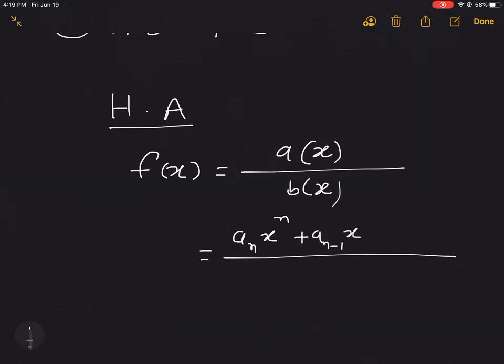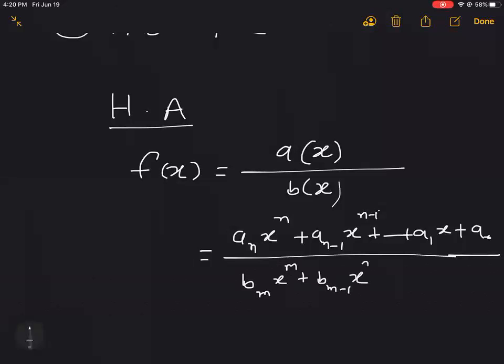You have seen this before. a_n x to the n, plus a_(n-1) x to the n minus 1, plus dot dot dot, plus a_1 x plus a_0, right? That's the form of a polynomial. Same for b. We'll use b_m x to the m, plus b_(m-1) x to the m minus 1, plus dot dot dot, plus b_1 x plus b_0.